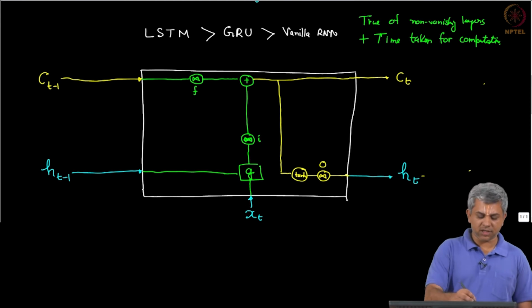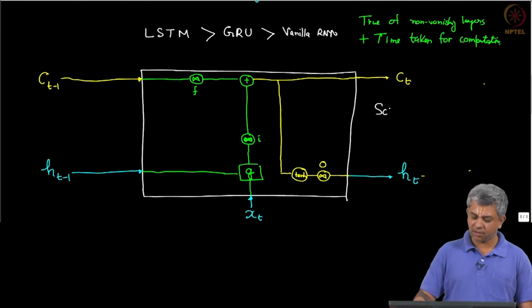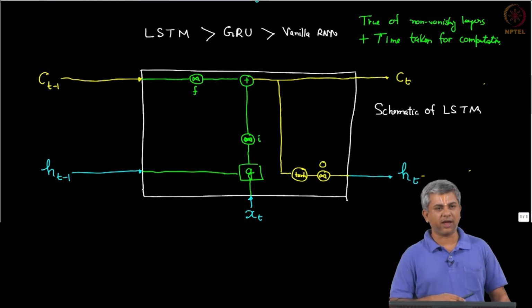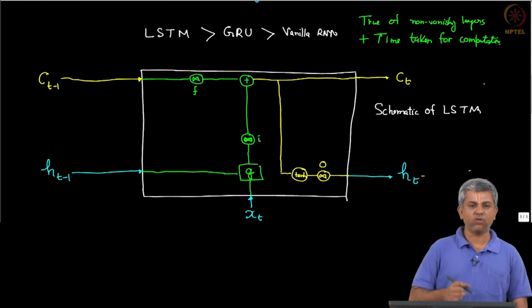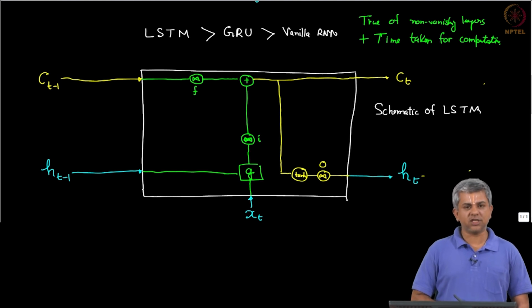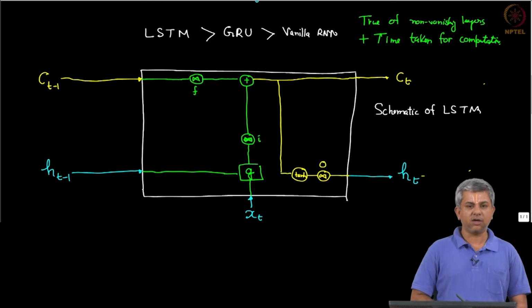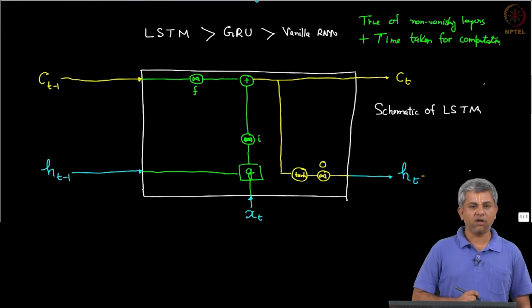So this is a simple schematic of LSTM. Now, this can be shown in many different complex ways, but I like this because it tells you what the mathematics is doing in a simple way. You can also see several versions of this online, each person has their own diagram of LSTM, GRU, etc. I prefer this; you do not really have to learn it, it is for those people who prefer visualizations to arithmetic or algebraic formulae.